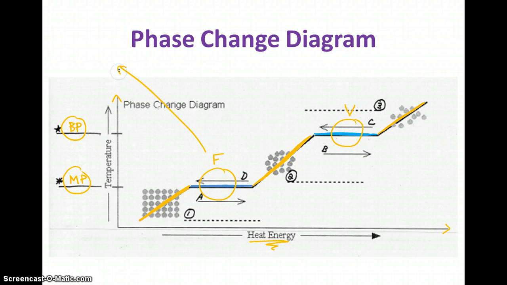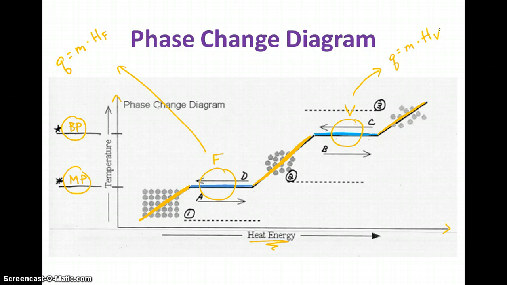For fusion, that equation is Q, which is energy, equals the mass of the substance times the heat of fusion. The heat of fusion is a special given value that you will get from the physical energy constants table. For vaporization, the energy required to do this equals the mass of the substance times the heat of vaporization.